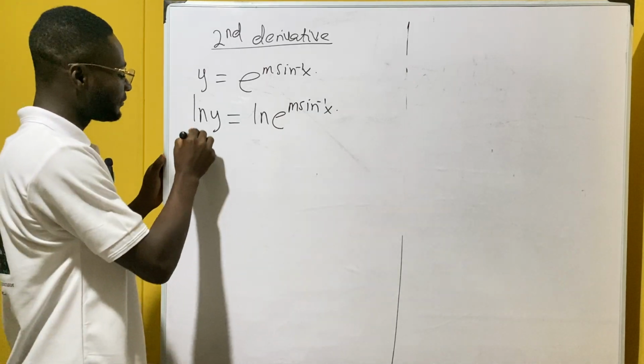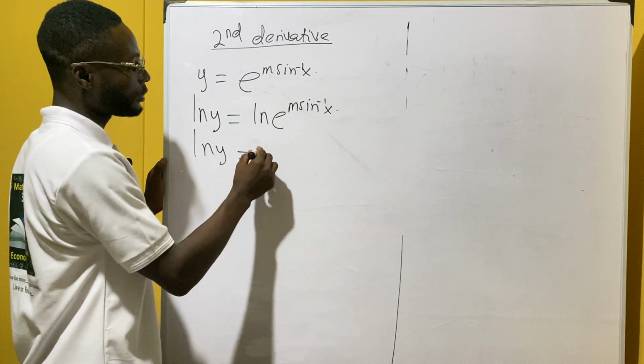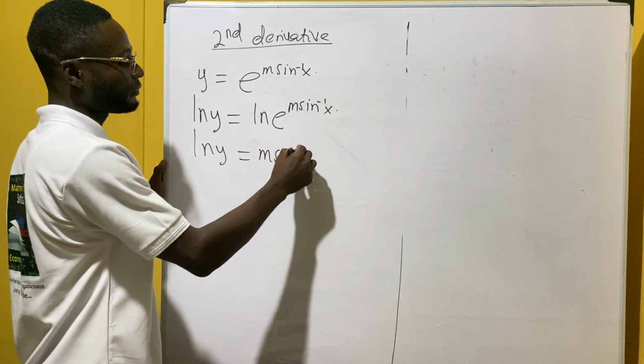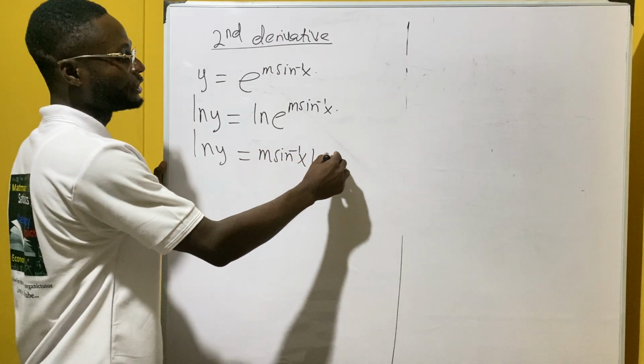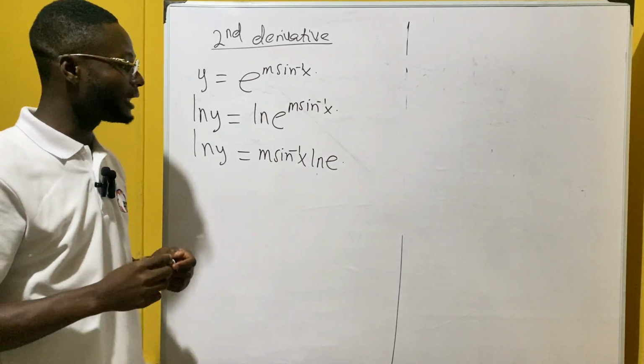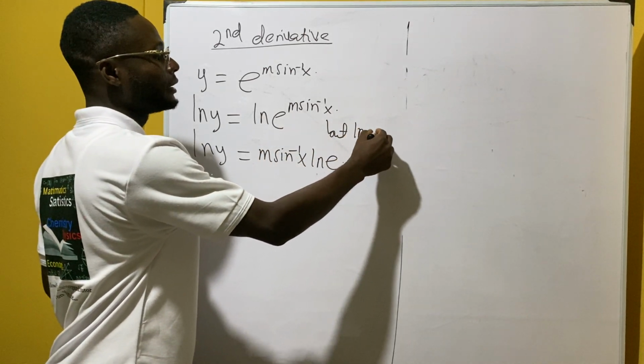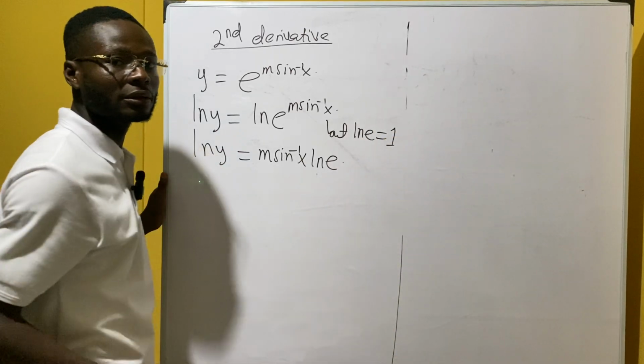So we have ln y is equal to m sine inverse of x ln e. But we know that ln e is equal to 1, right?